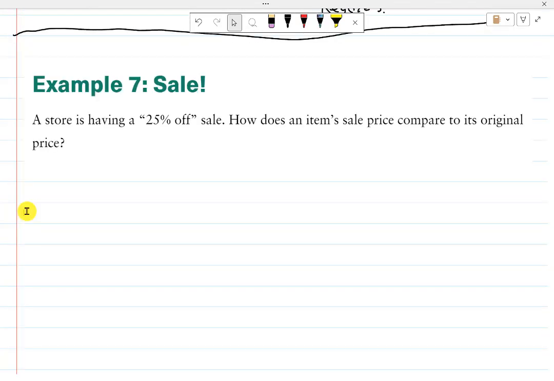Here we're having a 25% off sale. So the new price of something will look like this. You'll take the original price and you'll subtract 25% of the price from it.